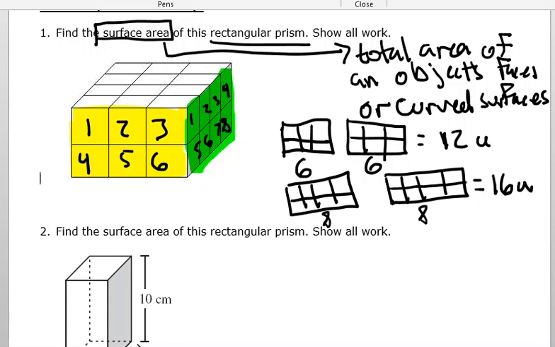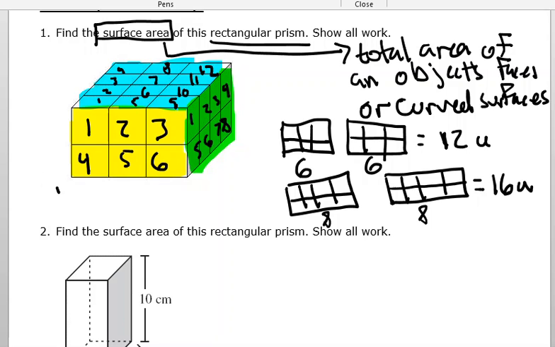All right, and then I have this top and bottom. I'm going to color that over in blue. And I'll go ahead and label that too. 1, 2, 3, 4, 5, 6, 7, 8, 9, 10, 11, 12.